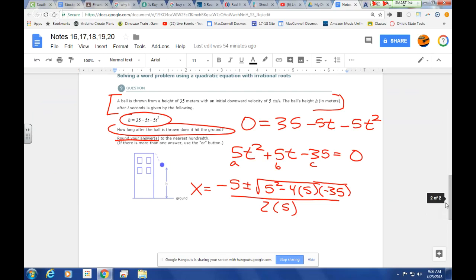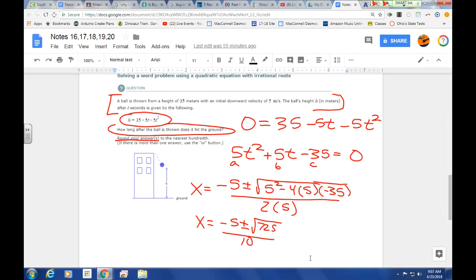Negatives need to be in parentheses, okay? I got 725. Anyone confirm that? Bueller? So my discriminant was 725. So I got x equals negative 5 plus or minus square root of 725 all over 10.